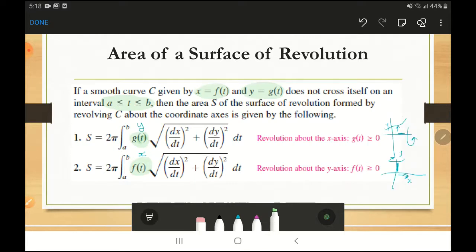The revolution will be something like this. So it's actually the same logic used for the area of surface of revolution when we use a rectangular equation or the usual function.